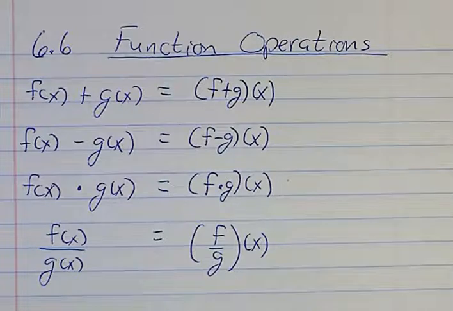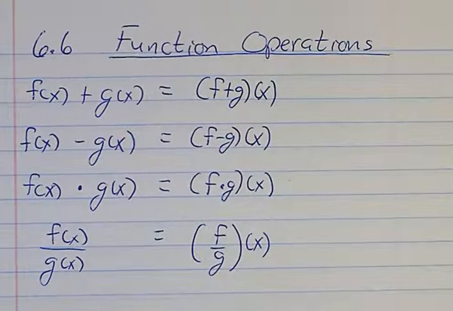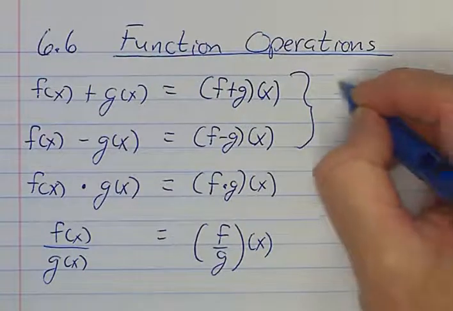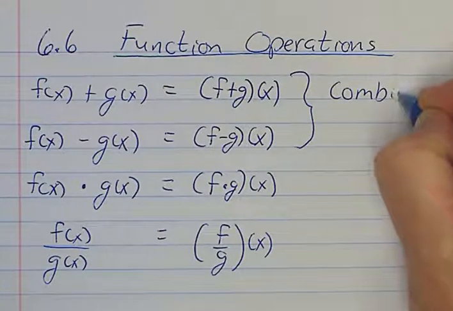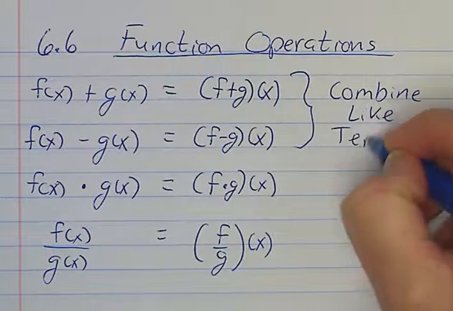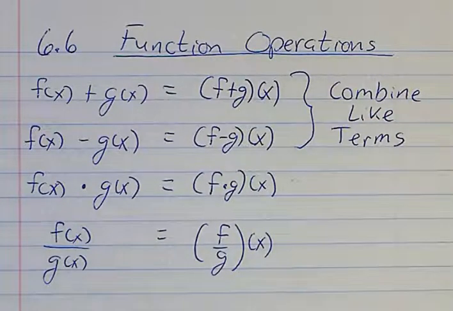And the big thing with these, when you're going through these parts of it, is that with the first two, with addition and subtraction, really all you're going to do is combine like terms. So you're going to add or subtract anything with variables the same. Anything with just constants, same thing, so you're just combining like terms.